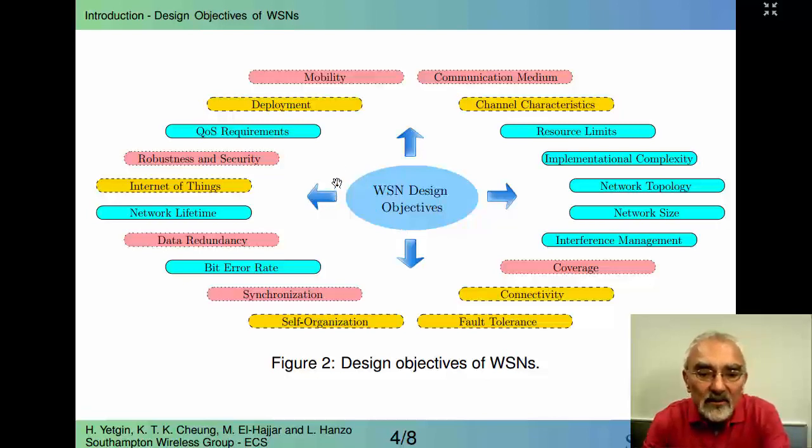More explicitly, perhaps the cyan-colored little blobs indicate the quality of service requirements, the bit error ratio, the network lifetime, the resource limits, implementation and complexity, network topology aspects, network size, and interference management. These are all issues that are touched upon to a certain extent in the paper.